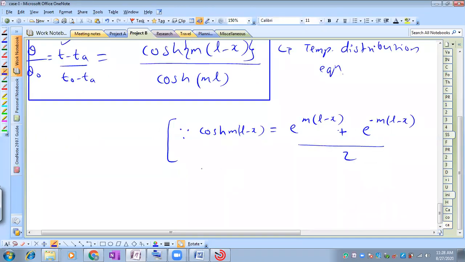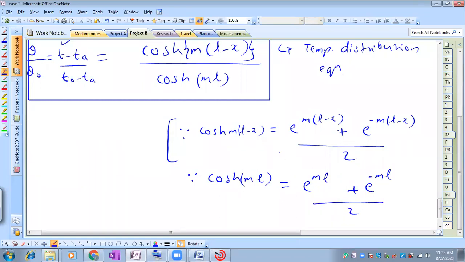Similarly, hyperbolic cos of ml is equal to e raised to ml plus e raised to minus ml divided by 2. If it is e raised to m into l minus x minus e raised to minus m into l minus x, divided by 2, it will be hyperbolic sine of m into l minus x. Based on this, we got the equation of temperature distribution.